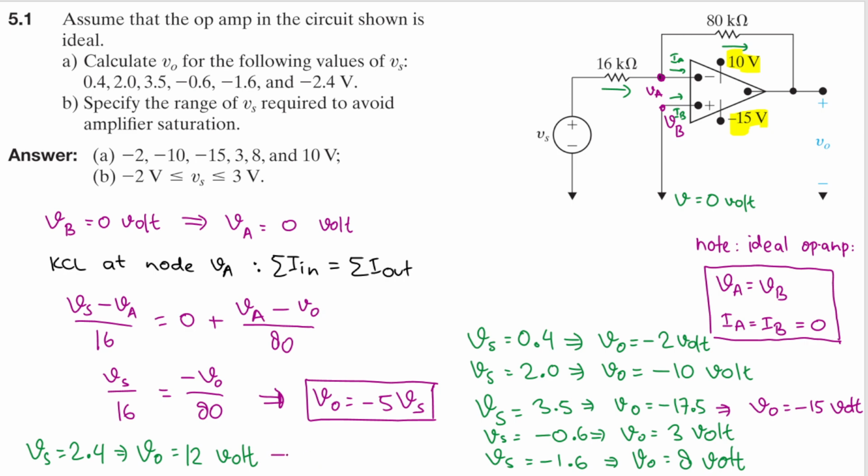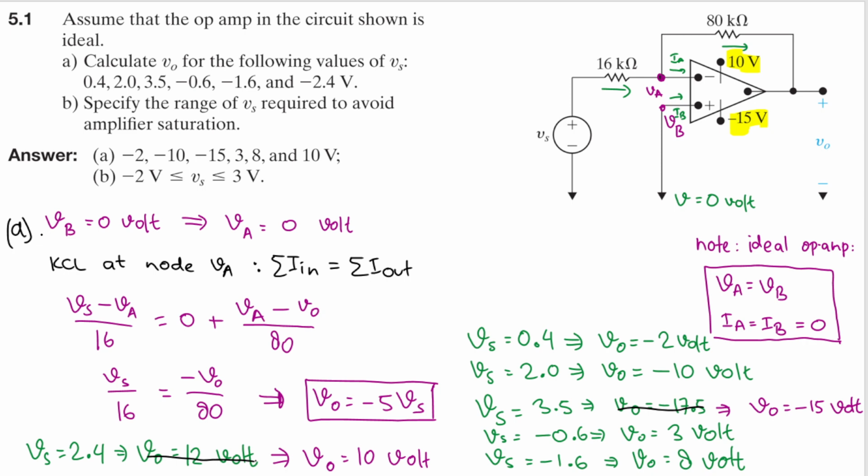So the output will be V0 is equal to 10 volt, not 12. So remember, if it exceeds the maximum or minimum, this is not the answer. The answer is just the maximum or the minimum. Okay, and that is for question A. Maybe let's label that.